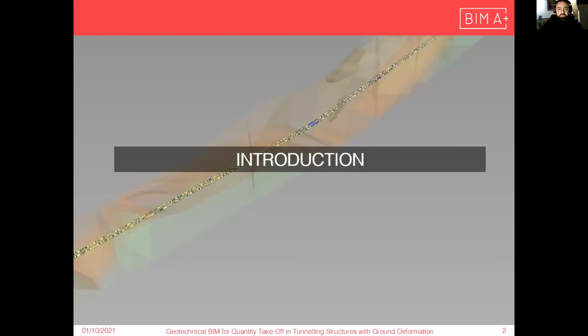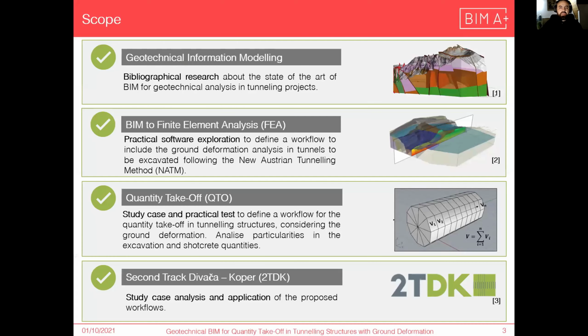So let's start with a brief introduction. The scope of the thesis was developed in four main sections. First, geotechnical information modeling, bibliographical research regarding the state of the art of BIM for geotechnical analysis in tunneling projects. Next, BIM to finite element analysis, practical software exploration to define workflows to integrate geotechnical BIM models with ground deformation analysis in tunnels to be excavated following the New Austrian Tunneling Method.